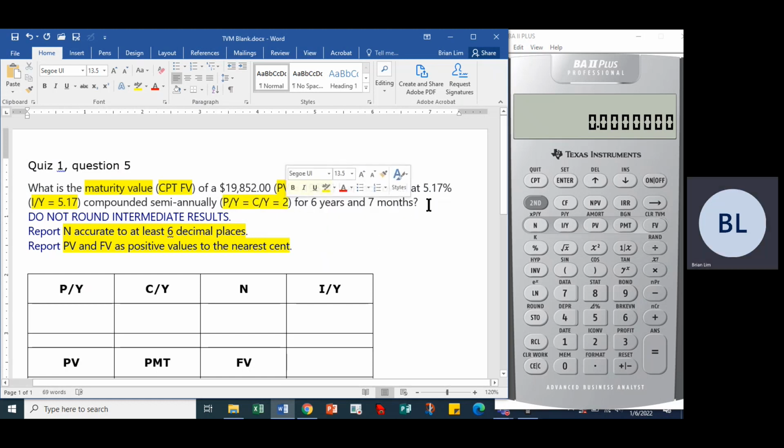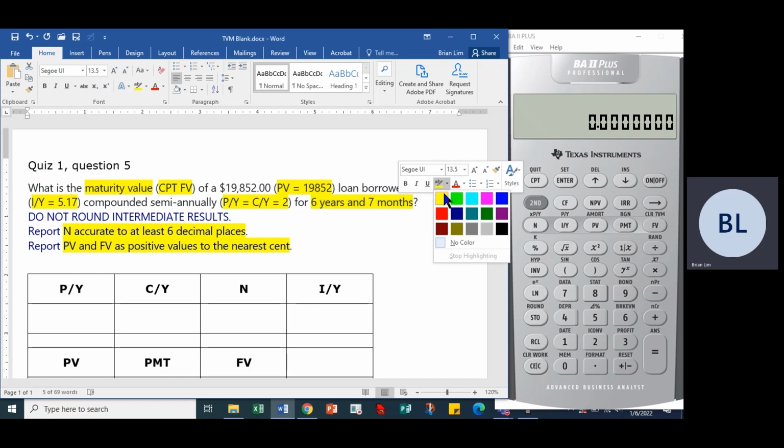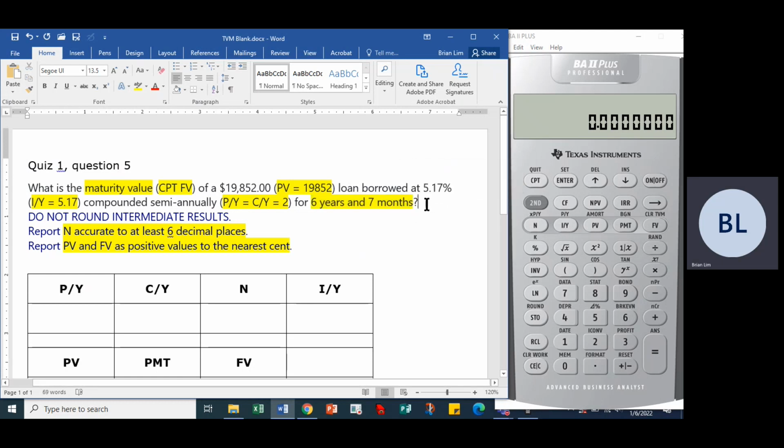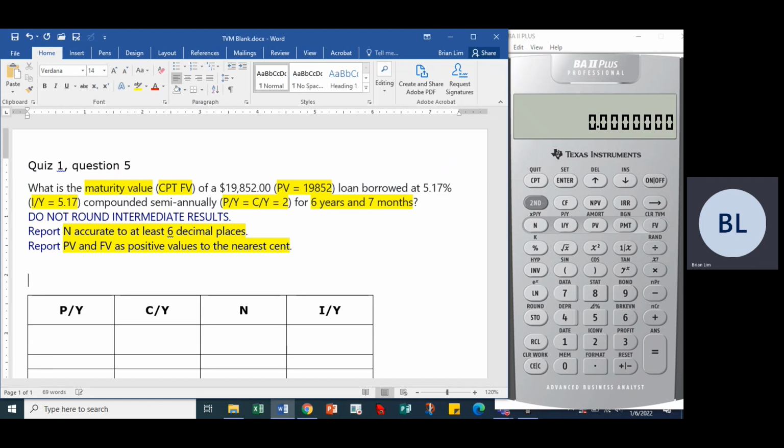For 6 years and 7 months. So this has to be converted to years. All right, so let's go down here after the completion of the question there. So we have to convert 6 years and 7 months.